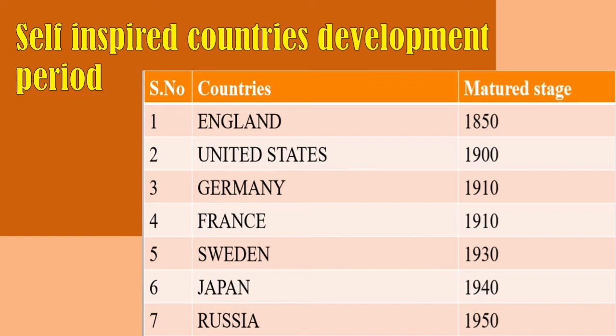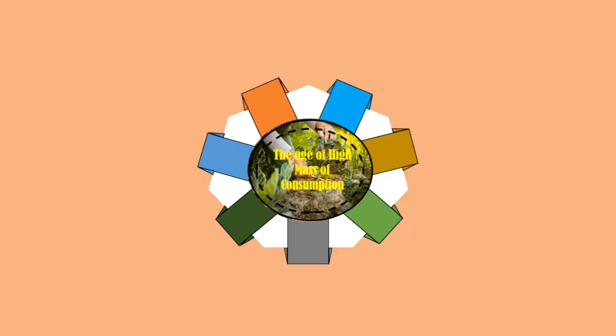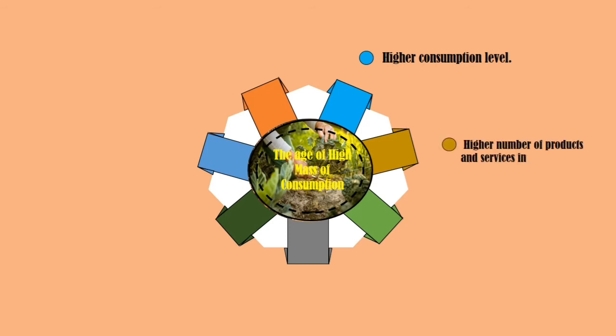And the last is the age of high mass consumption, where there was a higher consumption level, where most of the people consume a large amount of goods due to high purchasing power. And of course, a higher number of products and services are available in the economy.